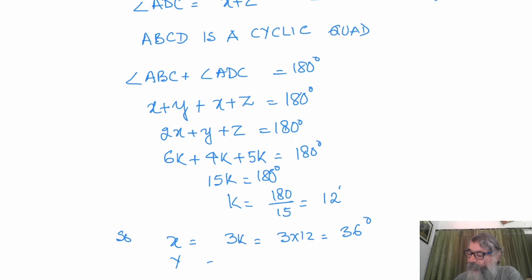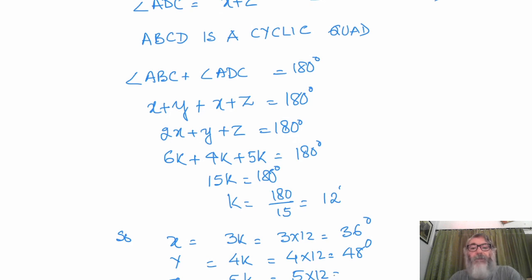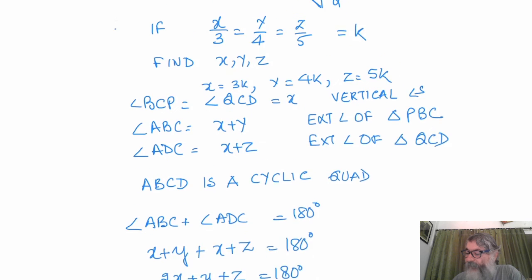So 4 into 12 is 48 degrees. And Z was 5k. 5 into 12 was 60 degrees. So we've got all the values. We have got the value of x, y and z.